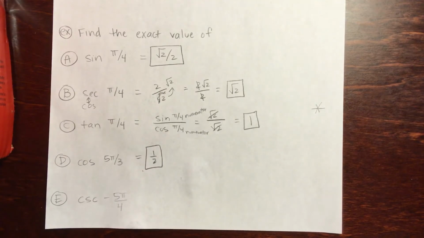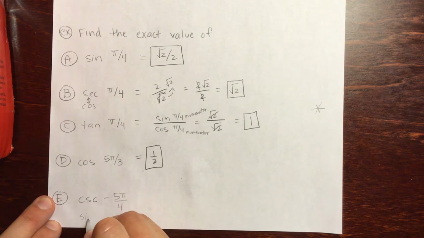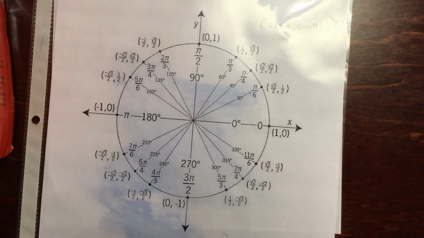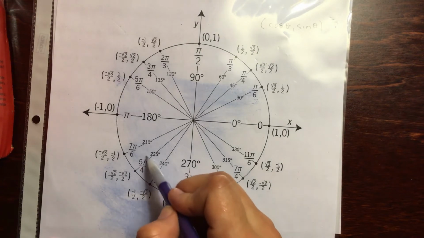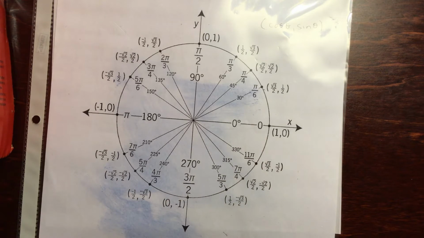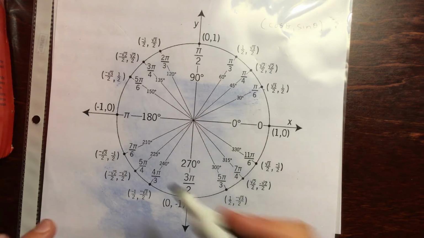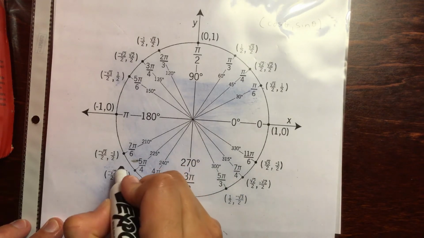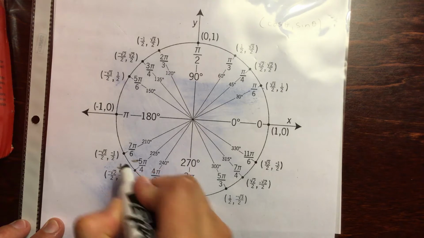All right, so cosecant of negative 5 pi over 4. Cosecant is the reciprocal of sine. I'm going to go to 5 pi over 4 like normal on my unit circle. And look at your coordinate point here. Sine is the y piece. But this wasn't just a normal 5 pi over 4, it was a negative 5 pi over 4. And when that's a negative, I have to flip the sign of my y coordinate only.